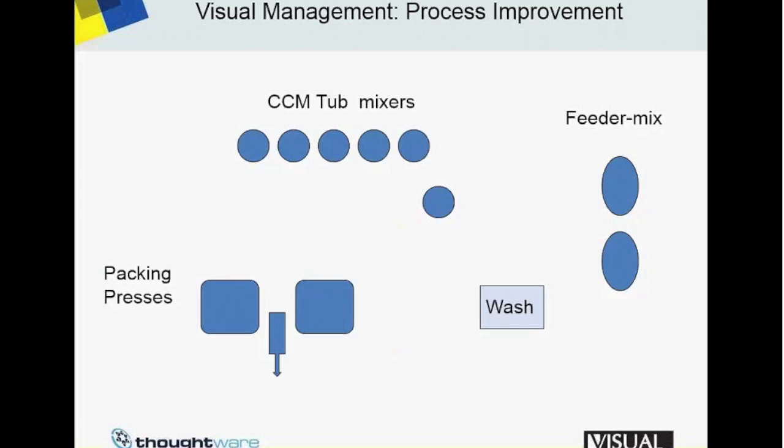Let me look at the use of this process. In this case, we're using tubs as Kanbans to pull from the tub mixer to the filling or packaging line. And so we've established a process that goes like this: from the tub mixers, through the packing presses, through a wash tub, and back into feeder mix.